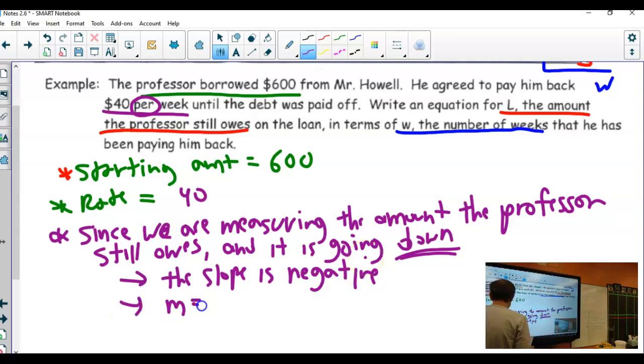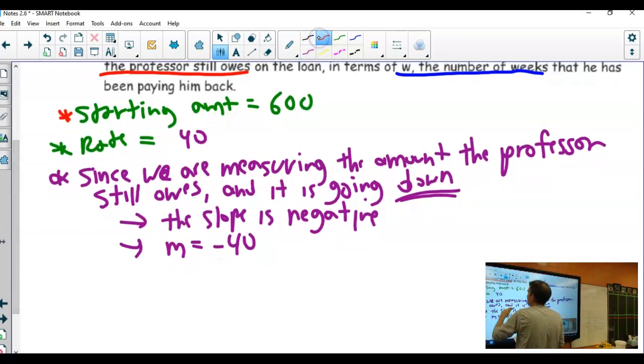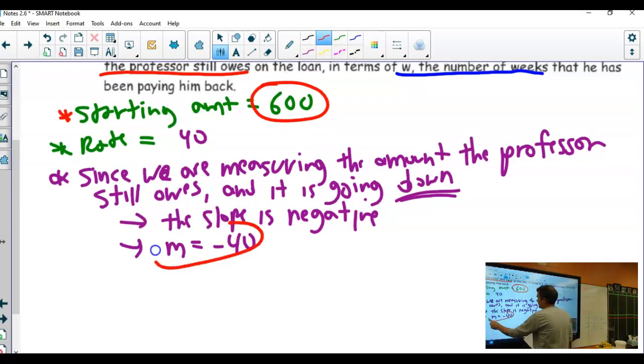So M actually equals negative 40, which is the amount he owes the professor goes down 40 per week, right? And since we now know that the starting amount is 600 and the slope is negative 40, we could write the equation, right?